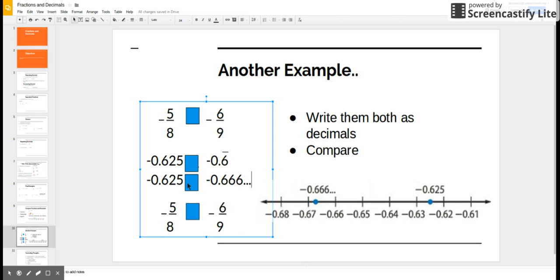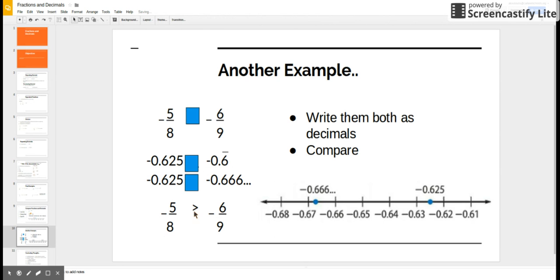Alright, well I'm comparing two negative numbers. This one is more negative than this one is, so that means that this number is less than this number. In other words, negative 5/8 is greater than negative 6/9. Again, this number is more negative than this number is.